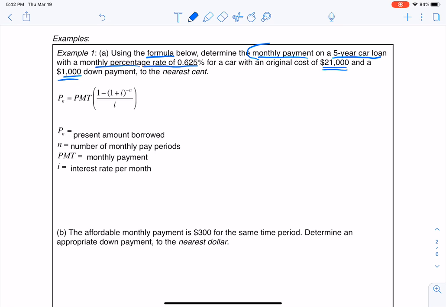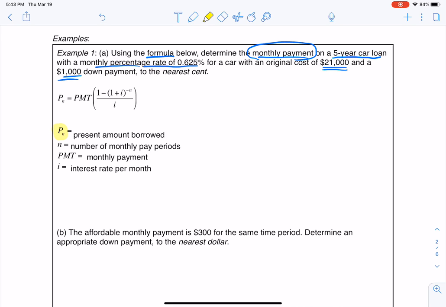So what we're looking for here is the amount of the monthly payment. Then we're given this big formula with a lot of stuff that we've never seen before. Luckily, everything in this formula is defined for us. So we're told what each thing means.